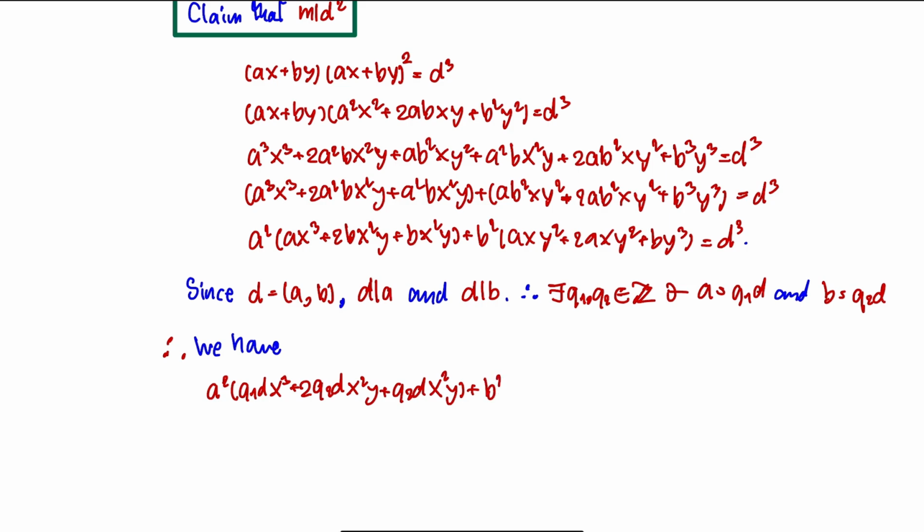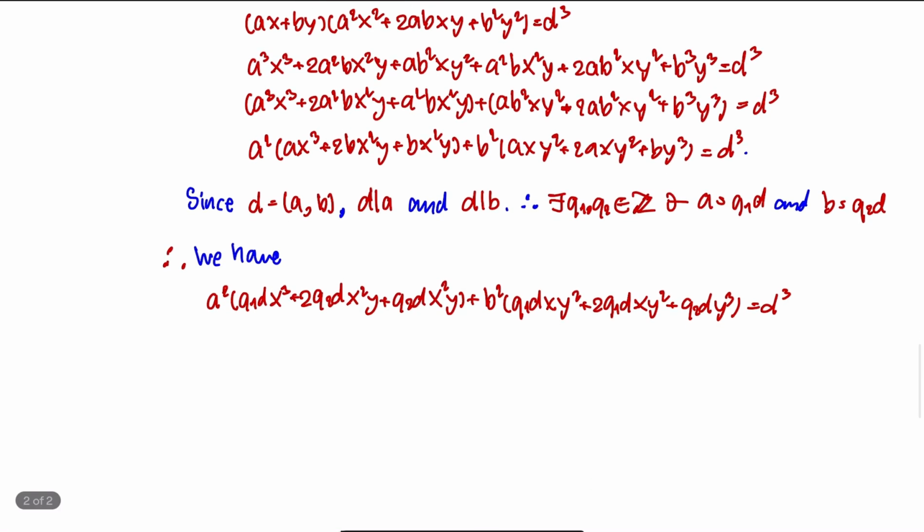Okay, b squared, what is a? a is q1 d x y squared plus 2 q1 d x y squared. Our b is q2 d y squared. Okay, and this is d cubed.